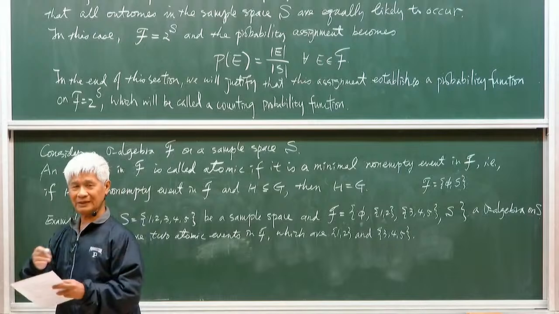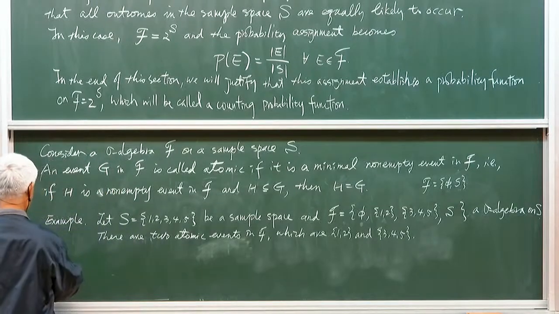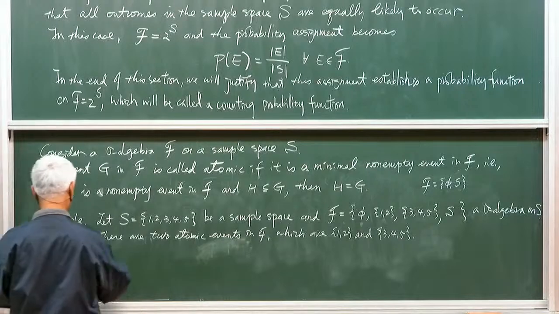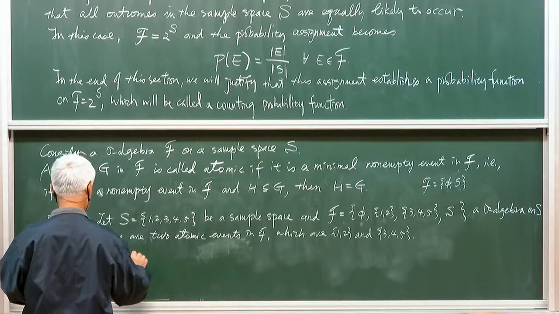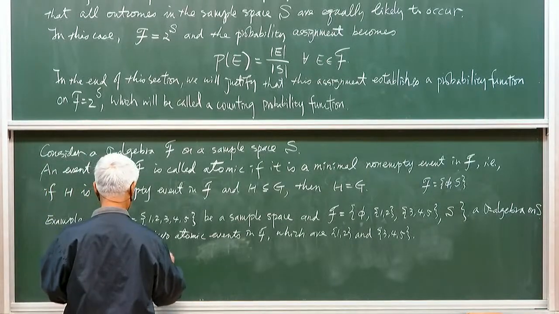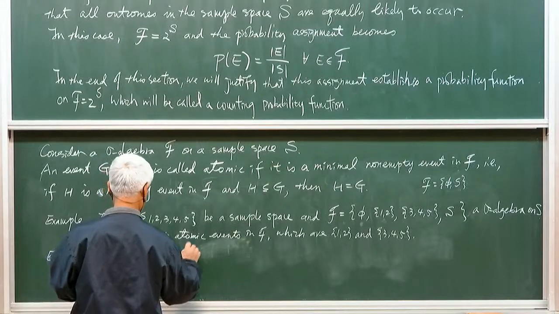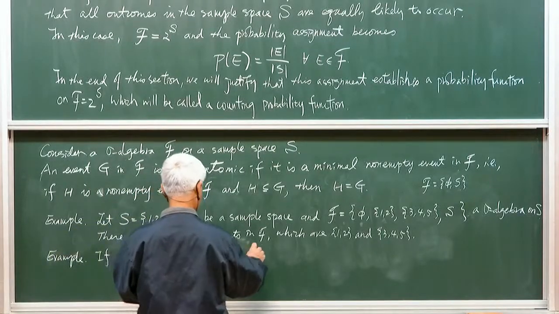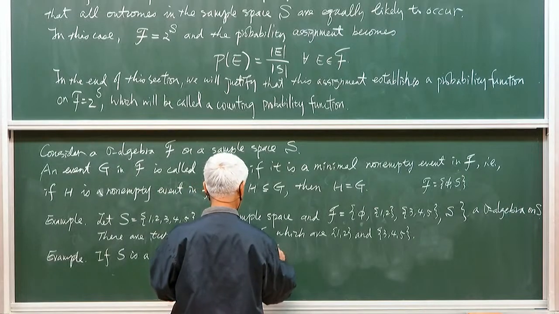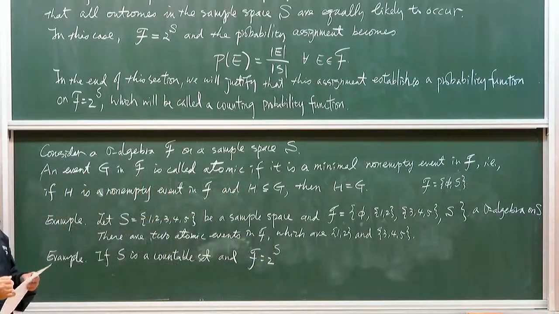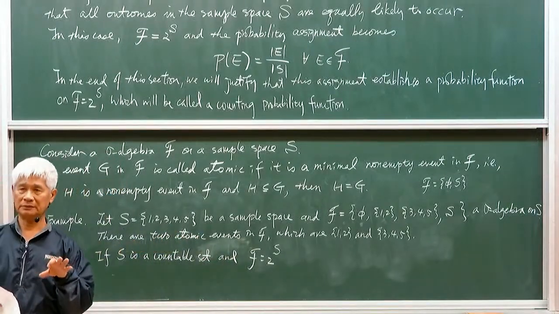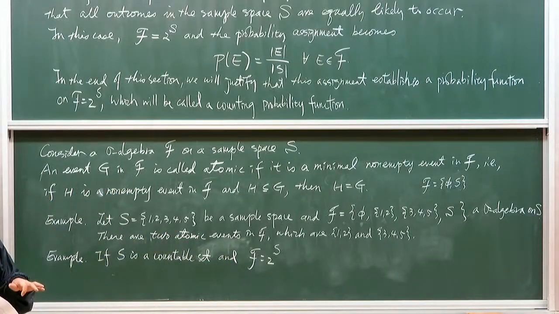Now comes the example you asked for. If X is a countable set, and we set the sigma algebra to be the power set of X, this is quite often the case in many practical random experiments.